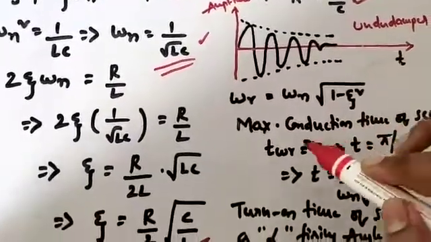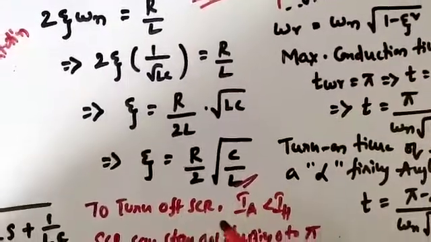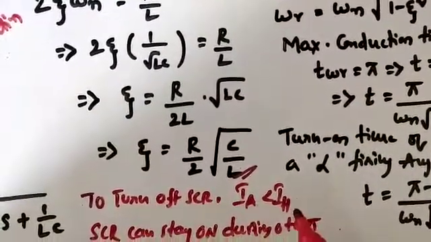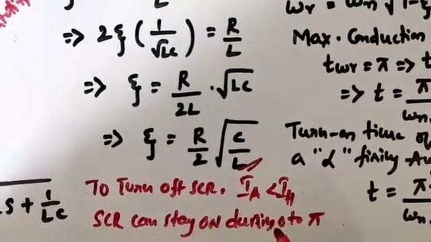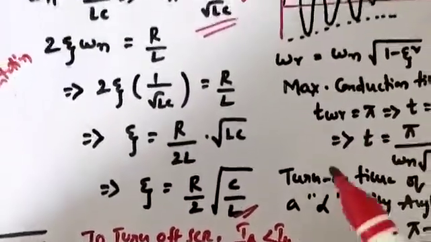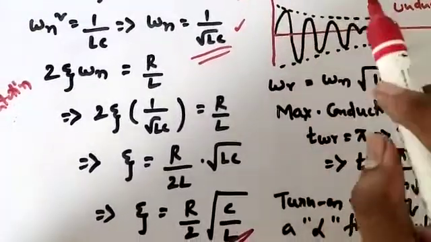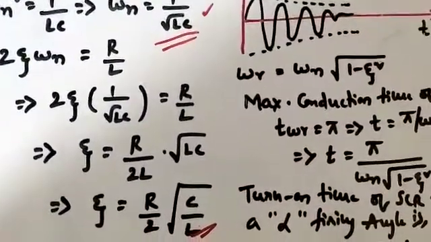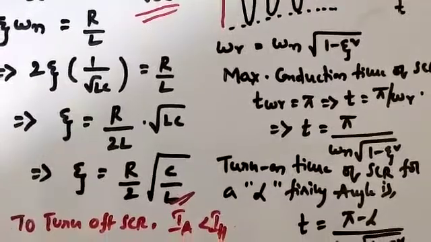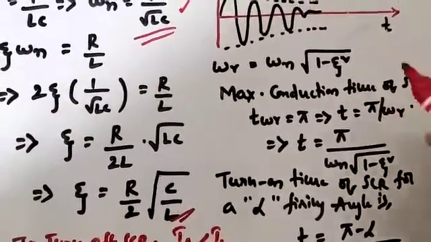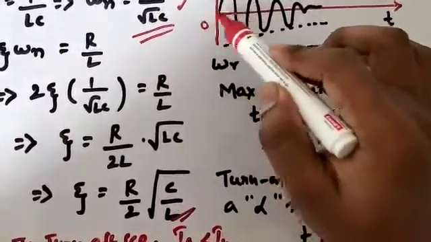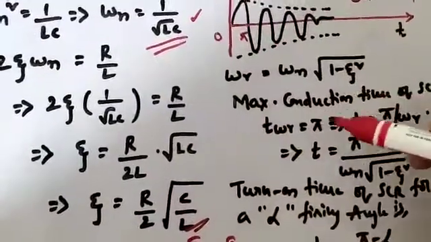But before going to this, I need to consider one thing: to turn off the SCR, the anode current should be less than the holding current, and the SCR can stay on during 0 to pi. I am saying 0 to pi itself, the SCR is going to stay on. So the maximum conduction time of the SCR is given as omega T, conducting from 0 to pi, so it is going to be pi.